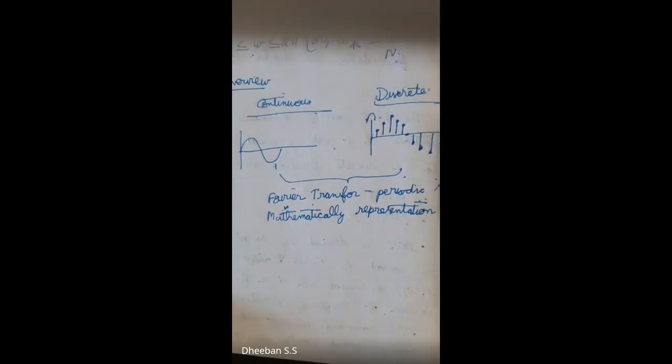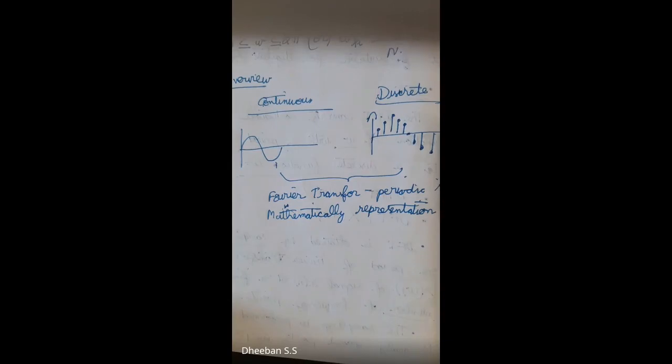Even in nature, the sound will be either sine or cosine only. For example, if water is falling from a waterfall and you have acoustic sensors or some kind of tools to measure the sound signals, what you can see is that the output of the sound will be sinusoidal or cosinusoidal.